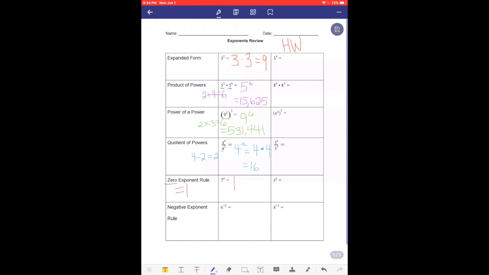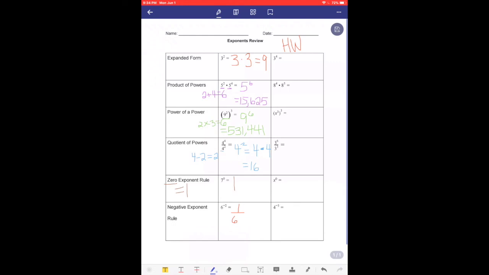Negative exponent rule. So this was the last rule that we learned. The negative exponent rule means that I want to take the inverse, I want to flip it, make it a fraction in order to make it a positive exponent. So this 6 to the negative 2 power, we're going to make it a fraction and put that 6 to the negative 2 power in the denominator.